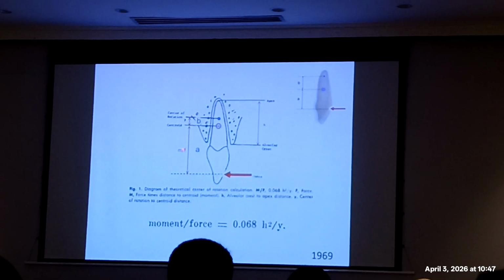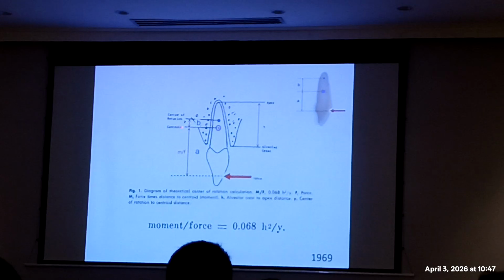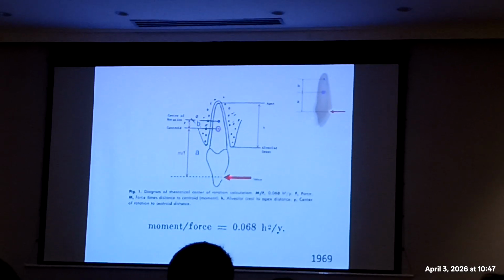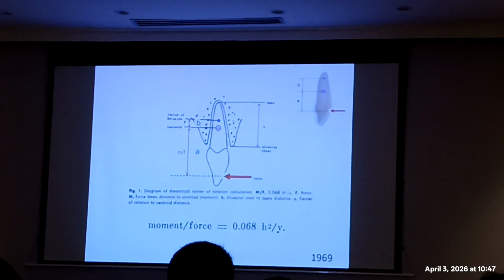The moment to force ratio he mentioned is the distance between what he called the centroid, but in contemporary terms, the centroid is the center of resistance. So the MF ratio is the distance between the center of resistance and the single force over here. In the contemporary term that I showed you, this is A, the distance between the center of resistance and the single force.